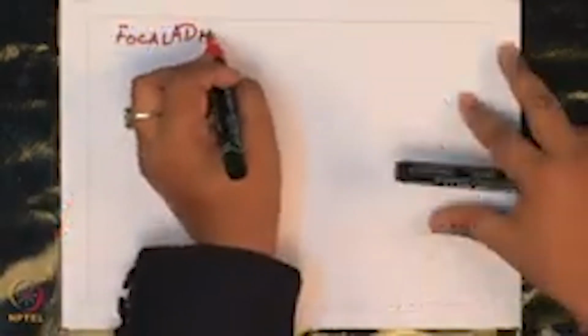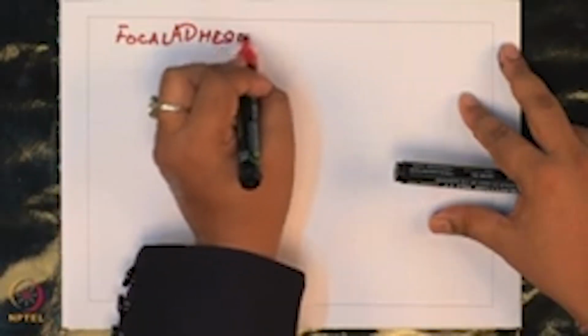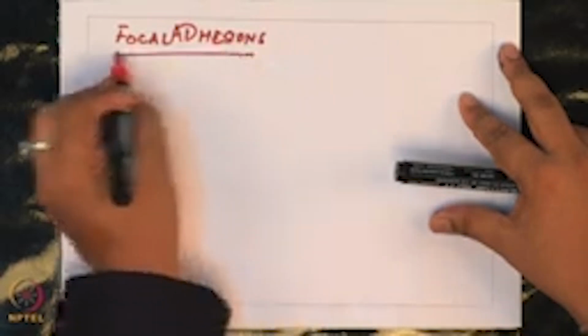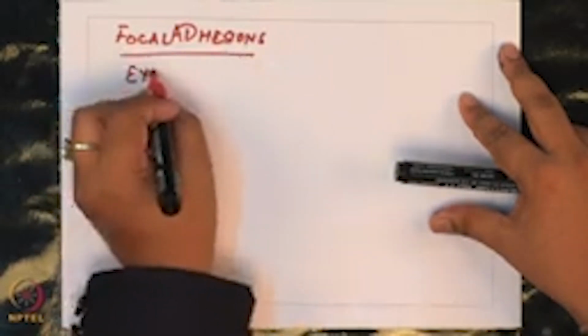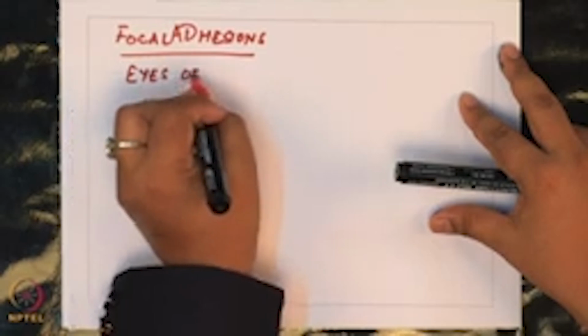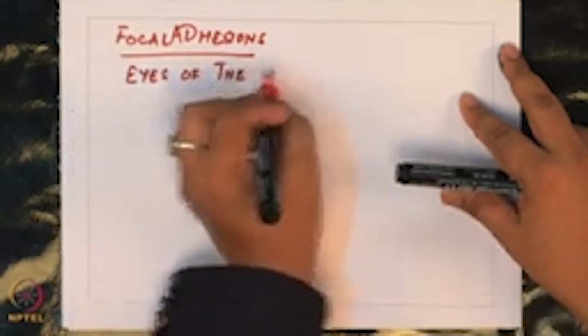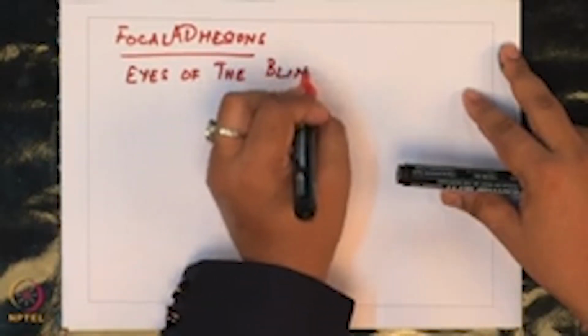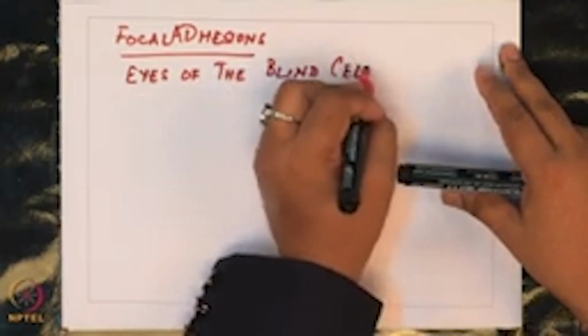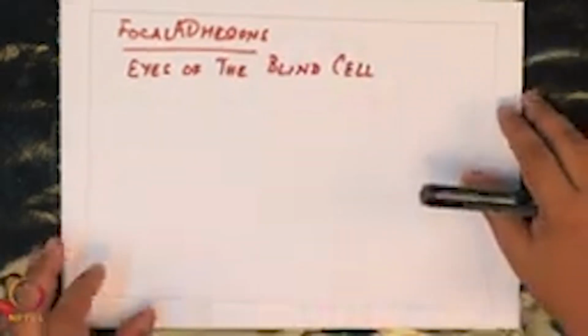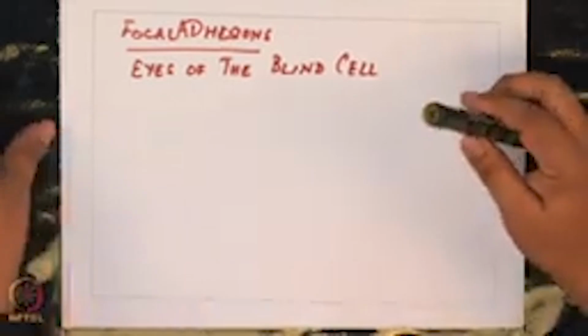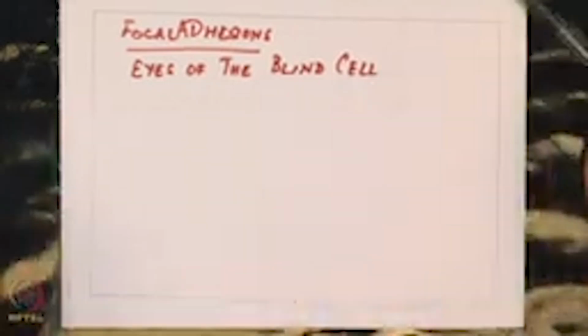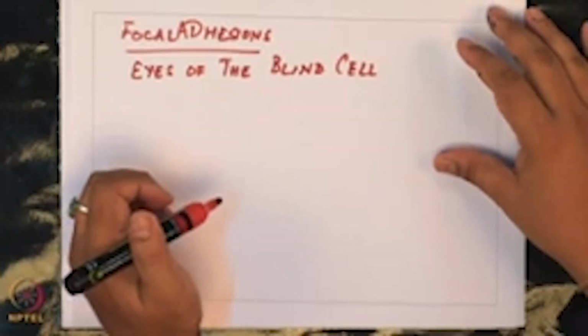Okay. So, these fixtures or focal adhesions serve as the eyes of the blind cell, and unlike the way I simplified its design, the focal adhesion does not comprise of one protein.